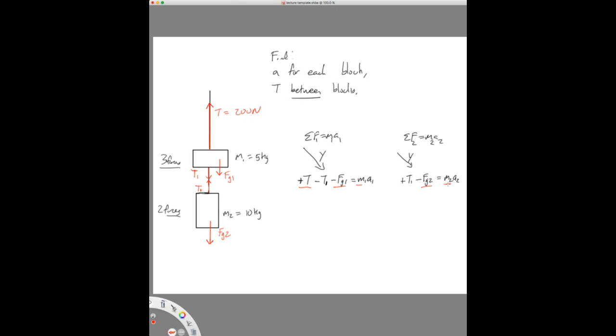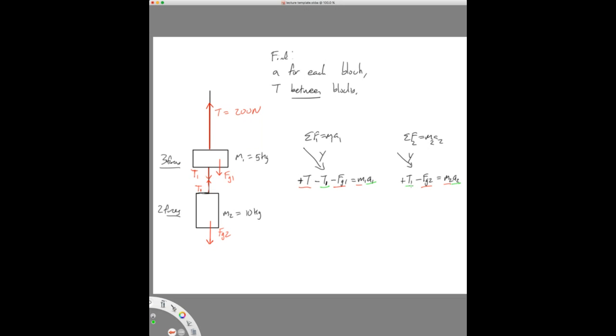So what we have is we have two equations, but we have three unknowns. The unknowns are T1, acceleration 1, and acceleration 2. Let me underline our unknowns in green. Okay.